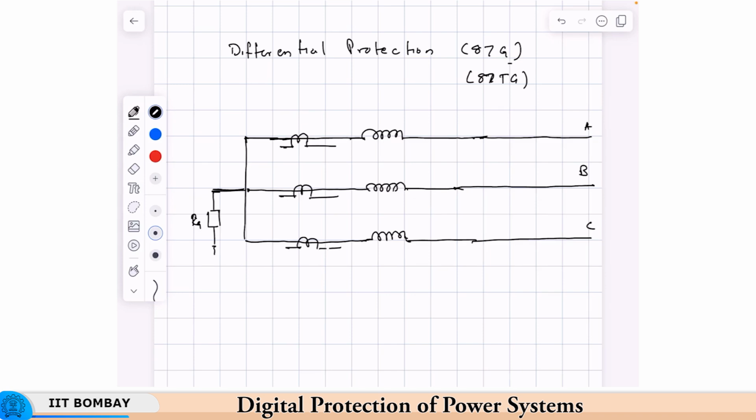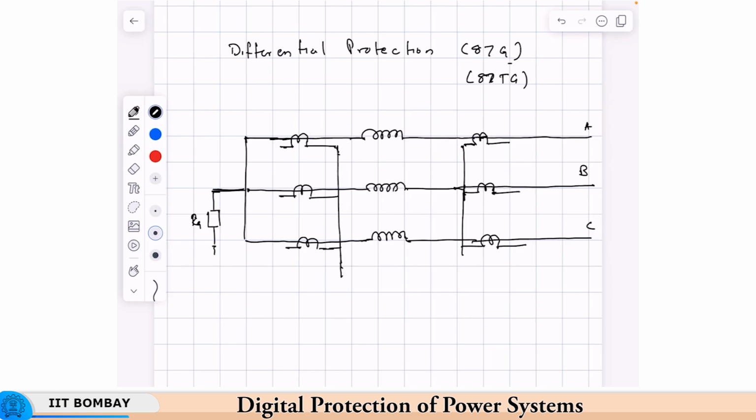These are the CTs, and our dot convention will remain the same. This is a connection here, and okay.